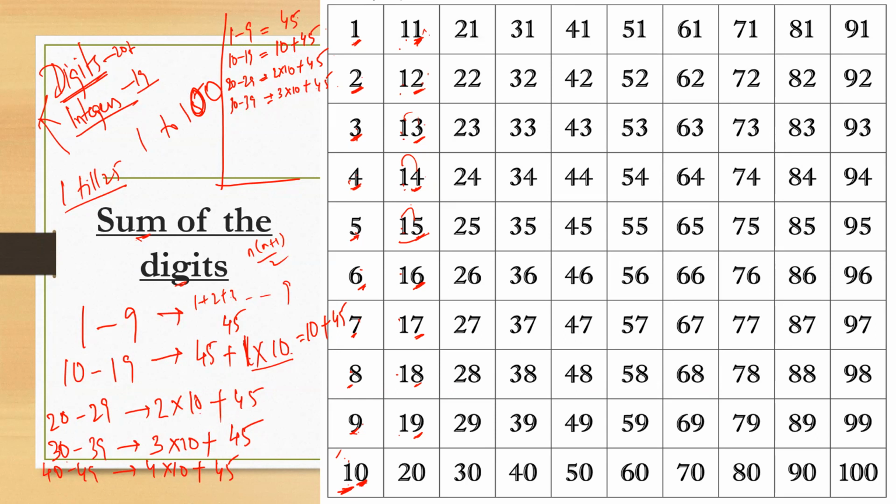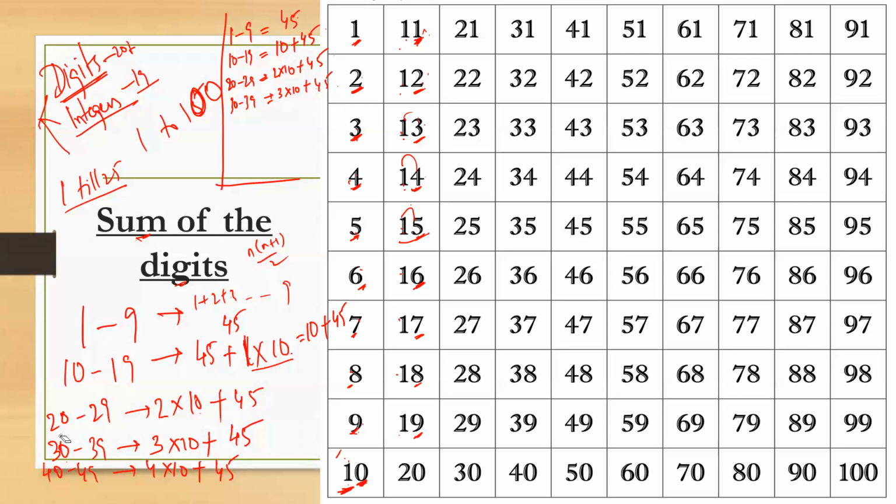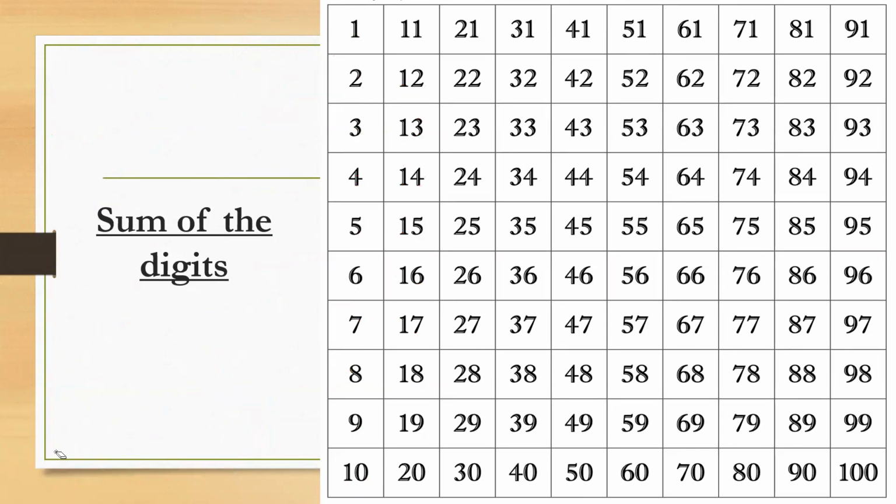119. Okay. What about Raghavan? You're going from 1 to 25. 111.